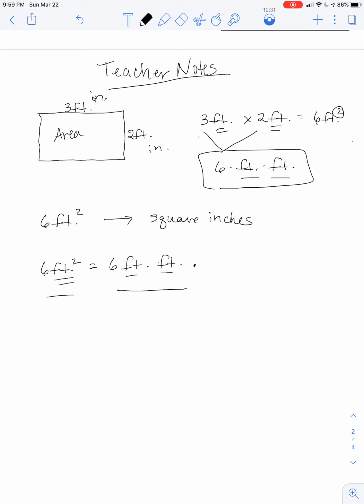Now we're going to set up our unit multipliers. Okay, so because we're going to have 2 unit multipliers, we're going to have 12 inches is the same as 1 foot. And I have to multiply that a second time because this represents the first feet that we labeled here, or foot.